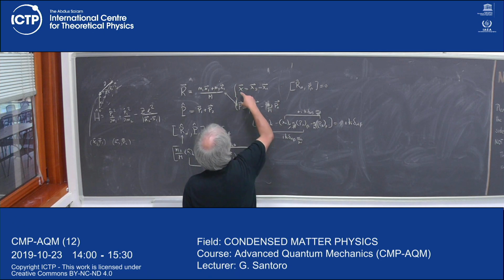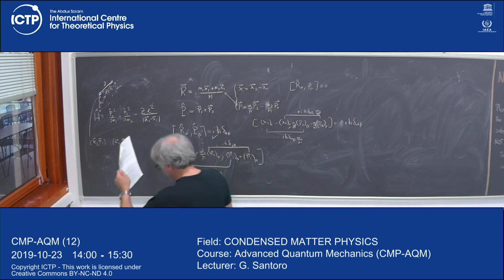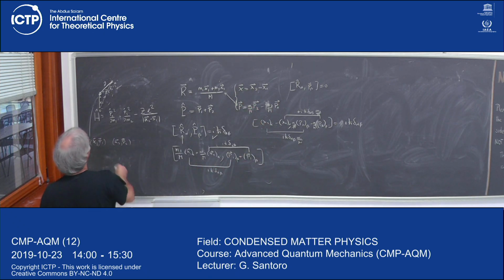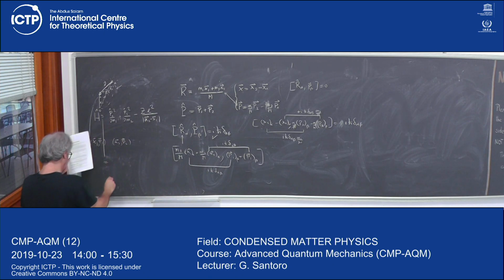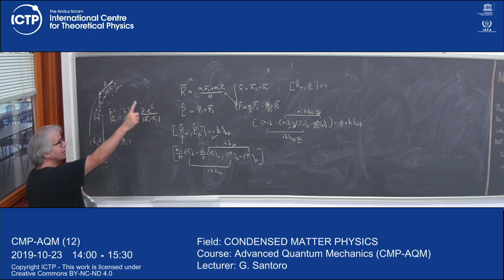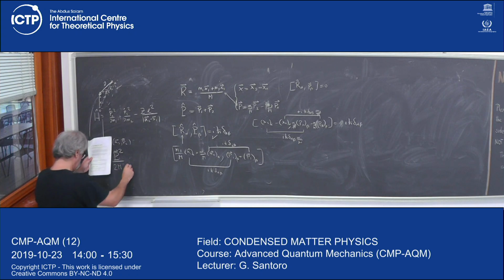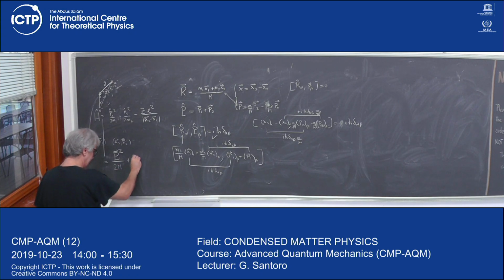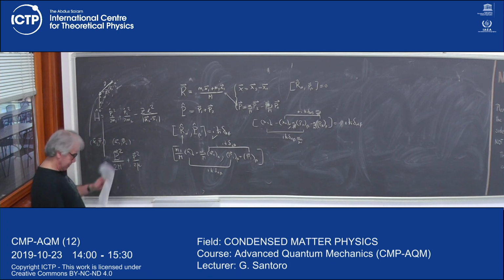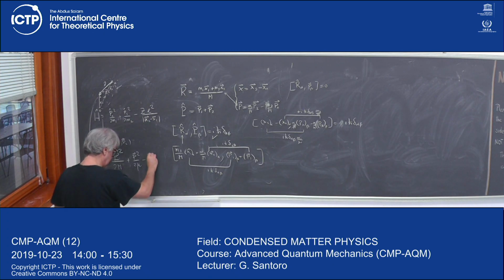Good. So I know relative coordinate and momentum. And by the way, you know that you can express the total Hamiltonian in these new variables precisely as in classical physics: total momentum squared divided by twice the mass, plus relative momentum squared divided by twice the reduced mass, minus Z e squared over the relative coordinate.